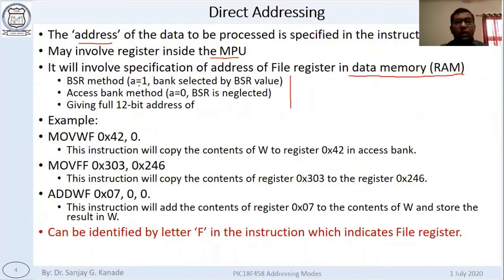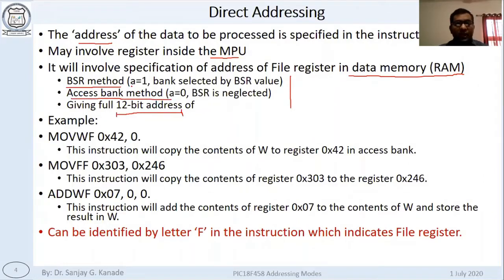Actually, we want a 12-bit address, right? The data is stored in data memory, and the address of the data memory is 12 bits. So that 12-bit address should be specified by the instruction, and it is specified in two ways, either the BSR method or the access bank method.